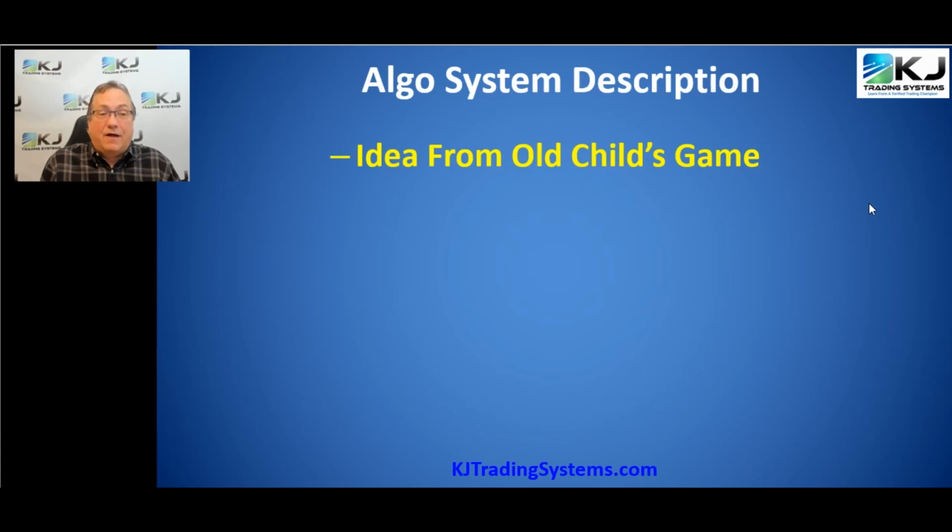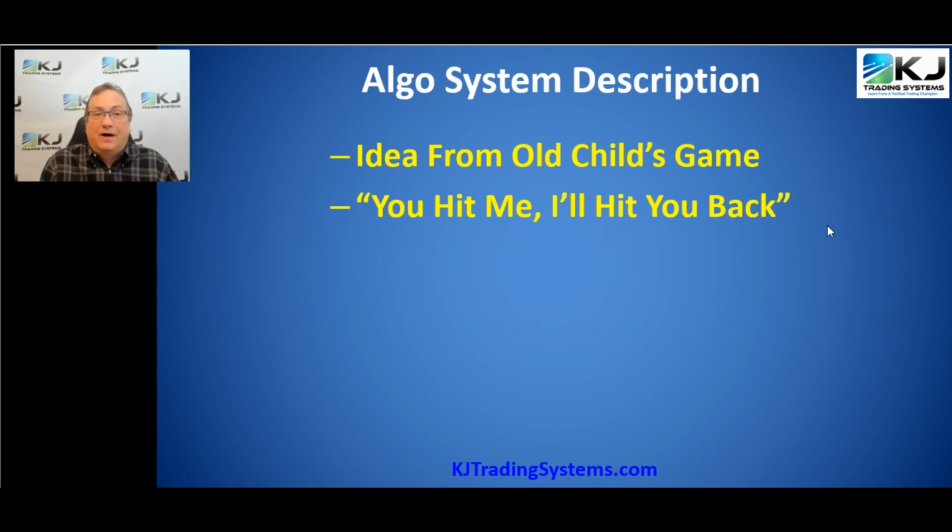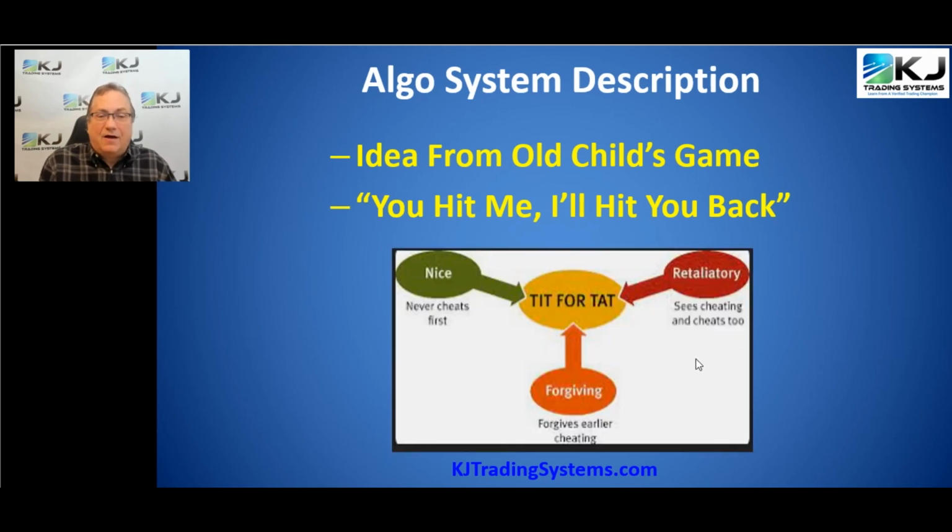Let's talk about this algo. There's an old child's game. Maybe you played it as a kid. It's the one where you hit me, I'll hit you back harder, and you keep escalating with it. And it's called tit for tat. Another way to play it is you're playing a game and you play nice. That's the green.